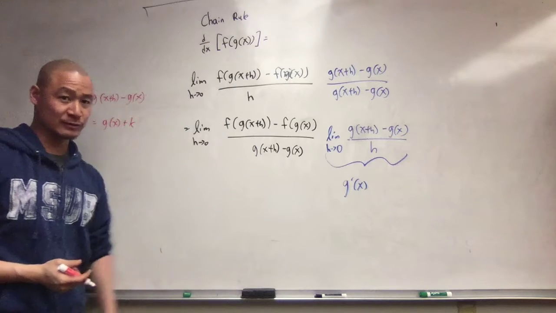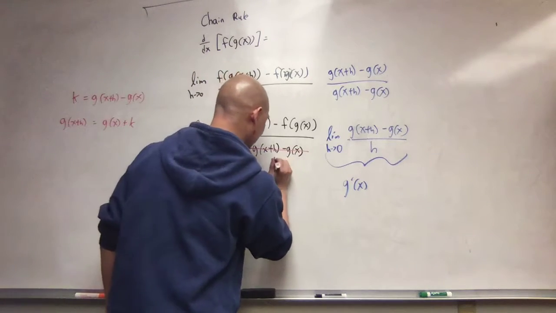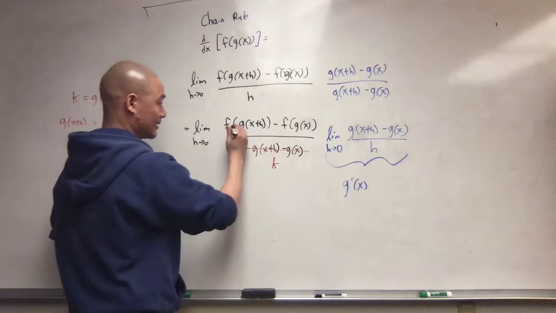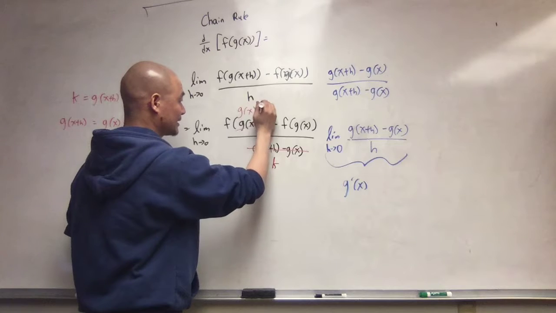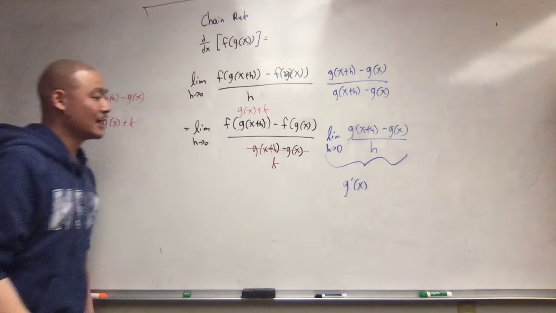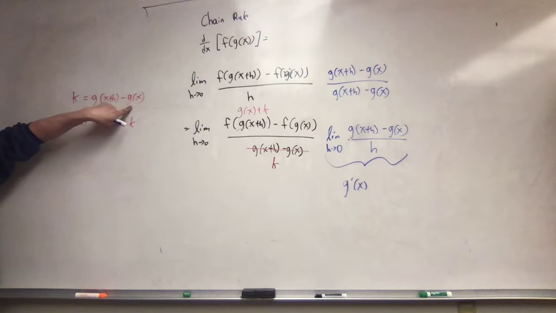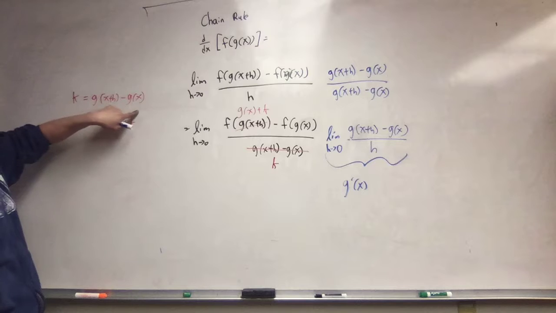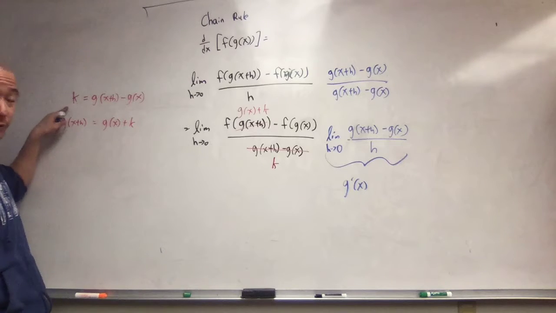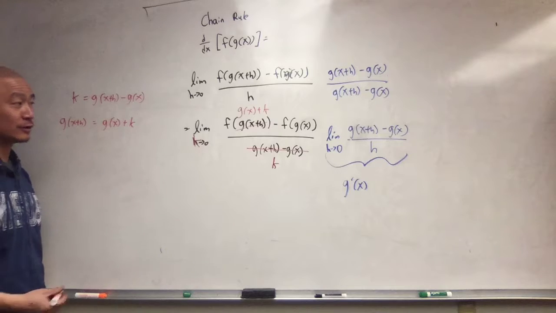So what that does to my expression here is that the denominator is k, and the argument is g of x plus k. And as h goes to 0, this difference goes to 0, right? If that goes to 0, I just get g of x minus g of x, which is also 0. So when h goes to 0, k goes to 0.